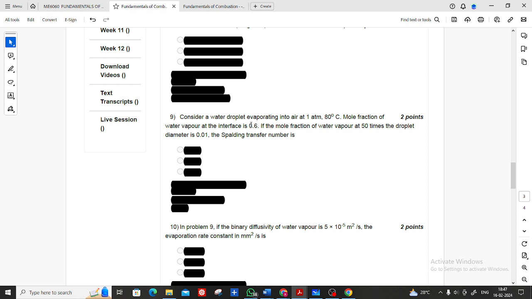So it would be something like this. At the interface, the molecular weight is 0.6 upon 18 plus 1 minus 0.6 upon 28.84.